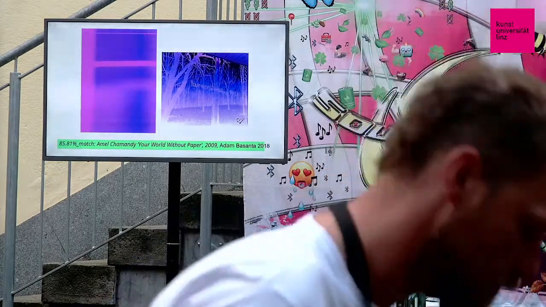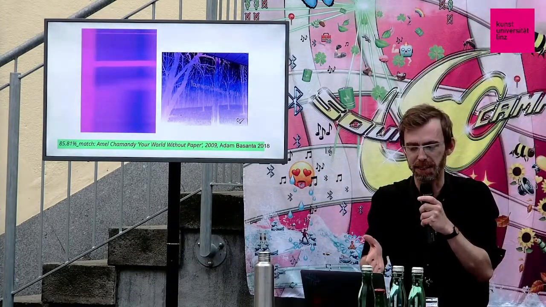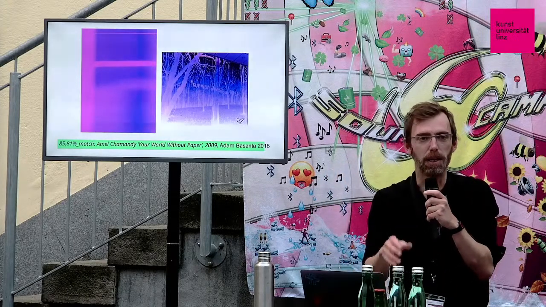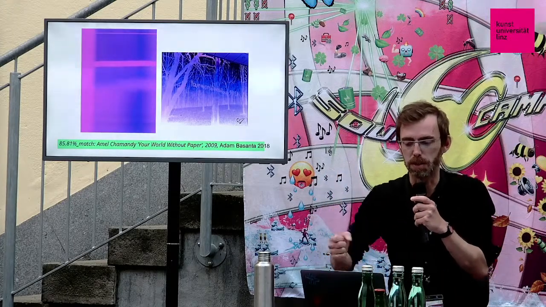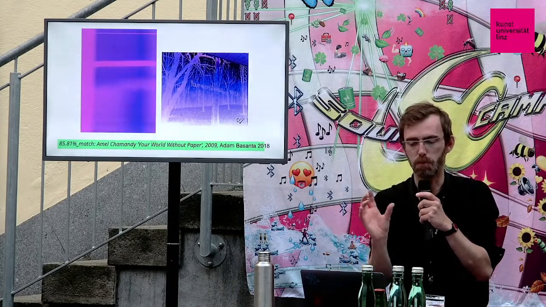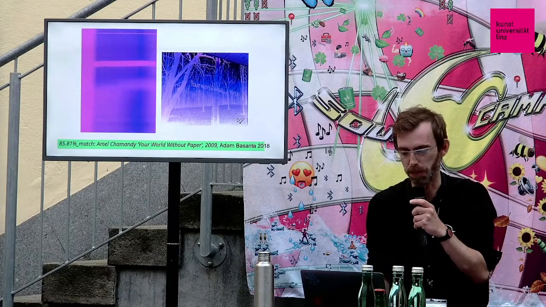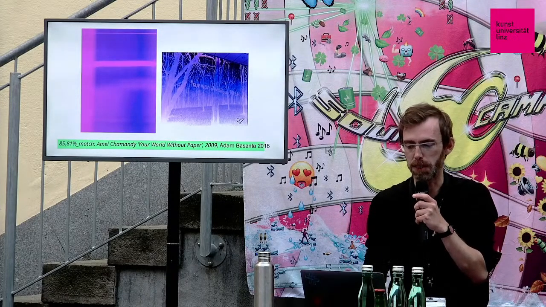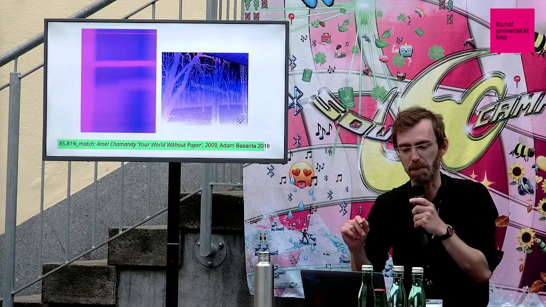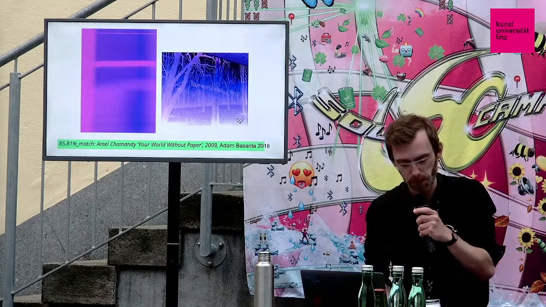And therefore you have the title of this work. I don't know if you can read it on the slide, but the title of the work makes reference to this relationship in which these two images presumptively exist. And it's on the basis of this that Amel Jamandi sued Adam Basanta.